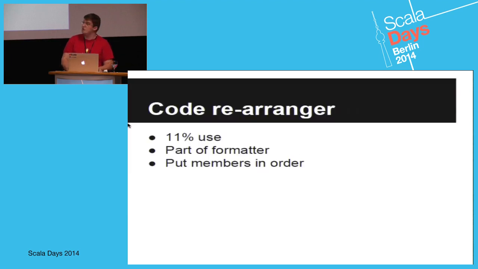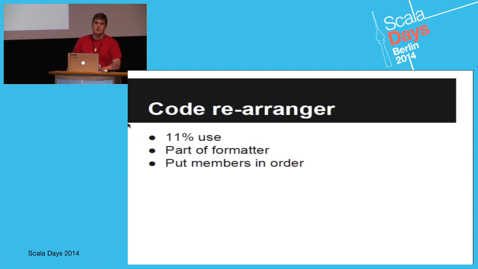Okay, one of our old features is the code rearranger. We started to collect statistics about it a bit earlier, and we found that 11% of our users use it. So right now I can't say whether it is good or bad, but this is a number we can analyze.